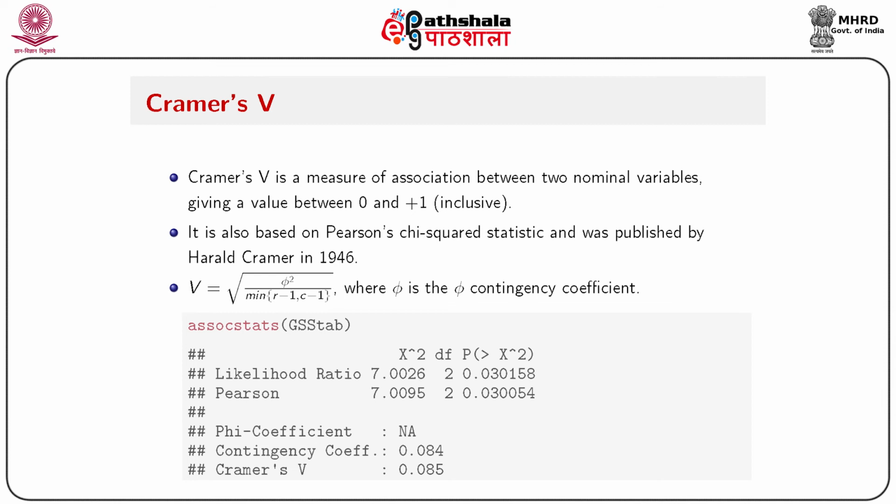The phi coefficient is not available because the GSS table is not a 2 by 2 contingency table, but it can calculate the contingency coefficient, which is a more general measure than the phi coefficient. Cramer's V shows 0.085 and 0.084, which indicate a very weak association. It's not a strong association at all.